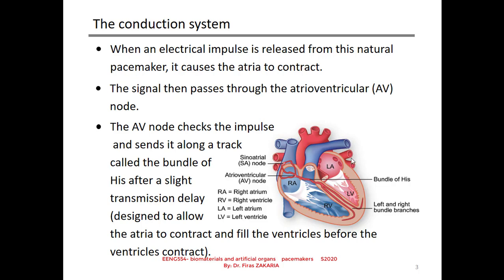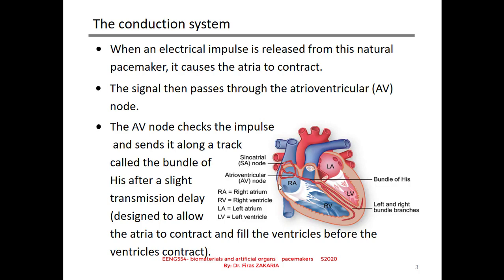It causes both atria, left and right atria, to contract, and then the signal is passed through the AV node, through the atrioventricular node. Now this atrioventricular node has a very important job: it causes a transmission delay.